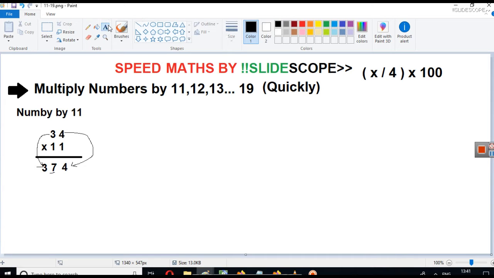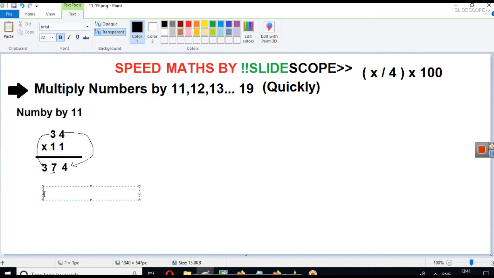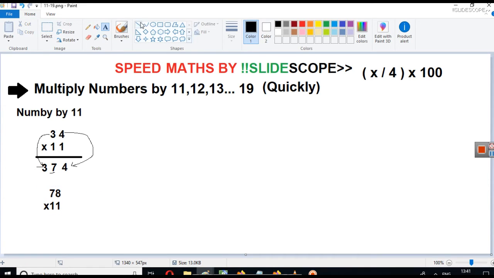Let's take another example. Let's say we want to multiply 78 by 11. To multiply 78 by 11, we simply follow the same procedure which we did in the previous example.